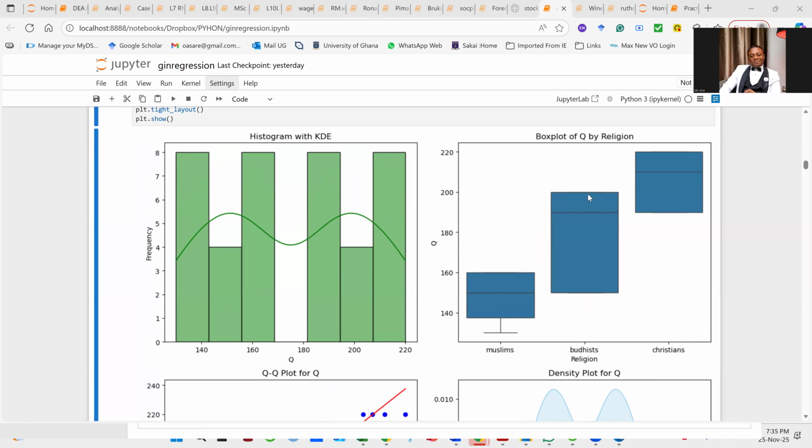Apart from the median, the top part of the graph tells you the 75th percentile. And then the bottom part tells you the 25th percentile. Now, your basic statistics will tell you what the 75th percentile and 25th percentile mean.